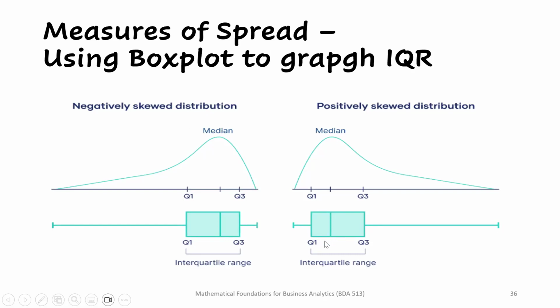Now, where you have the interquartile range but the median is near Q1, that means the data has a long tail to the right. That tells you it is a positively skewed distribution, or right-skewed data. So your box plot gives you an indication of the distribution of your data, whether it is skewed or not skewed.